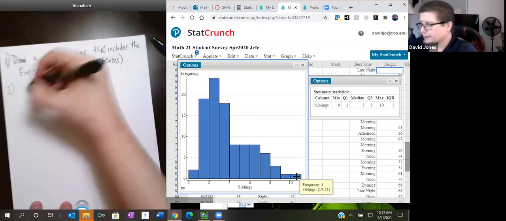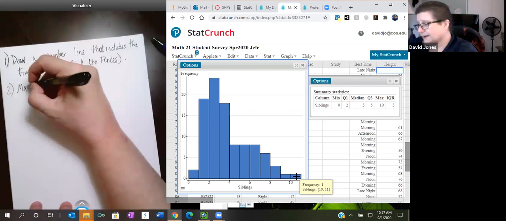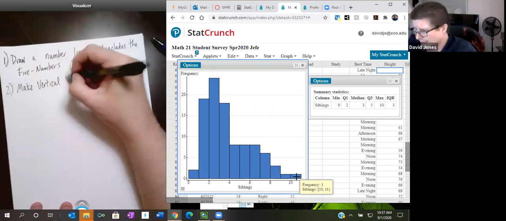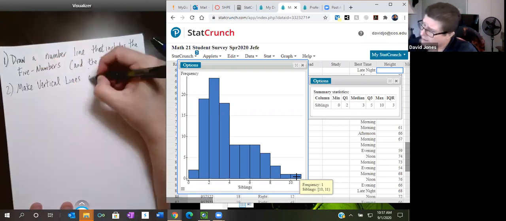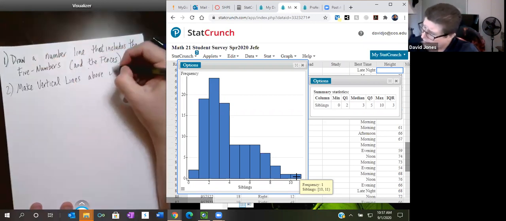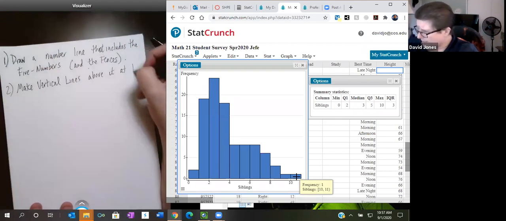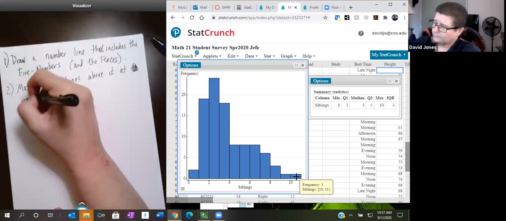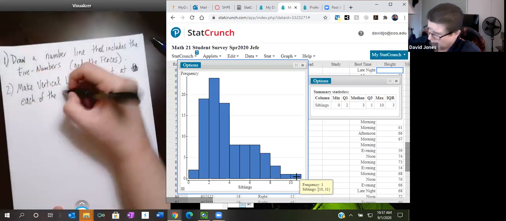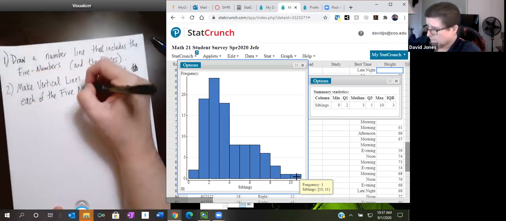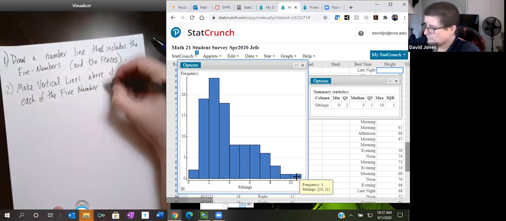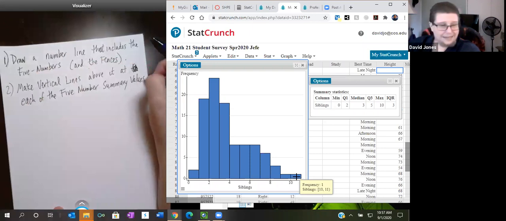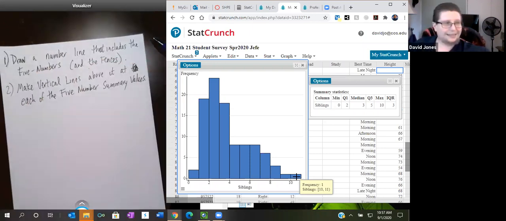Step 2, make vertical lines at each of the 5 number summary values. I actually started to do that in the last picture, didn't I?